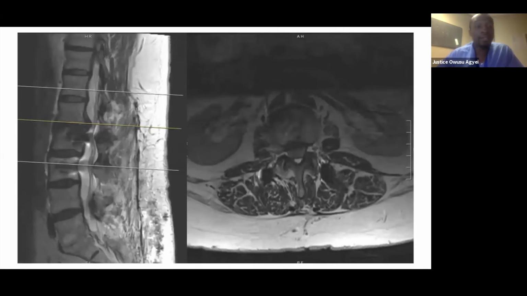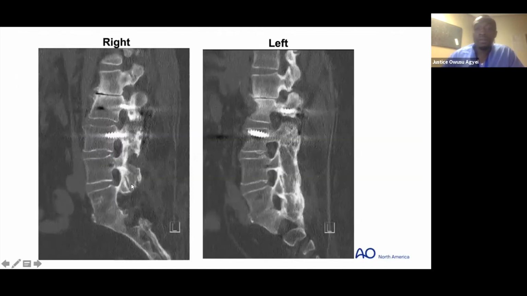This is her MRI, and it demonstrates her prior L2-3 fusion, but at the adjacent level at L1-2, you can see there's degeneration with a broad-based disc herniation with significant stenosis at that level. Also significant is the extent of her lumbar surgeries, which is apparent here. This is her CT scan, which again demonstrates fusion mass bilaterally from L2 down to L5 with an open space at L1-2.